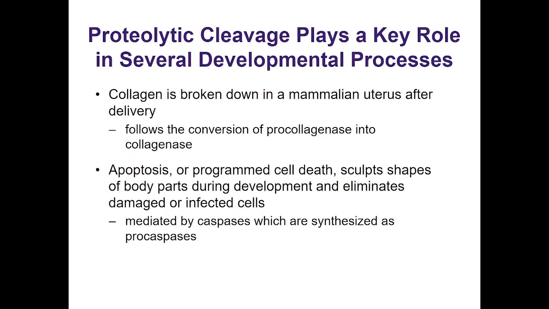So the proteolytic cleavage is going to play a key role in several developmental processes. For example, collagen is going to be broken down in the mammalian uterus after delivery. This is going to follow the conversion of procollagenase into collagenase. You actually may have noticed this. Like, have you ever seen a pregnant woman before and after the pregnancy?